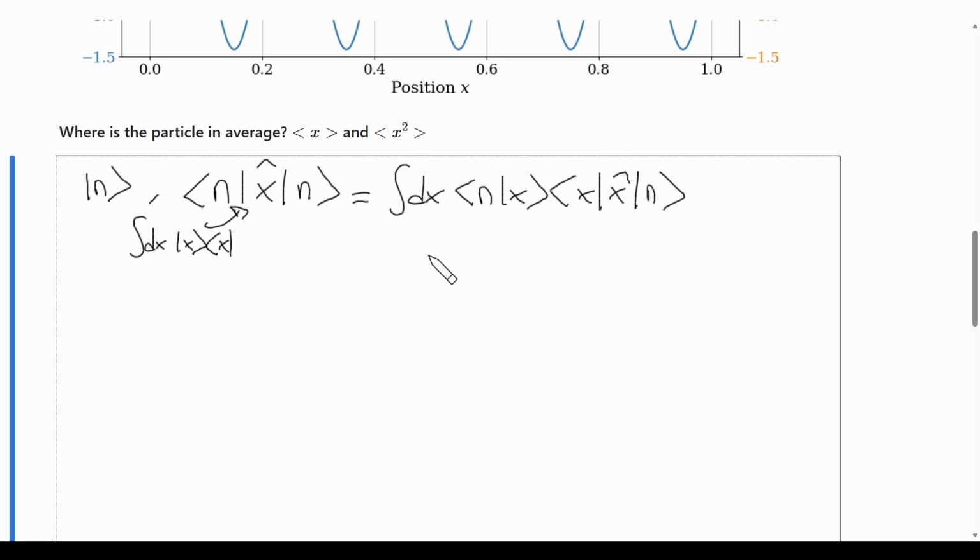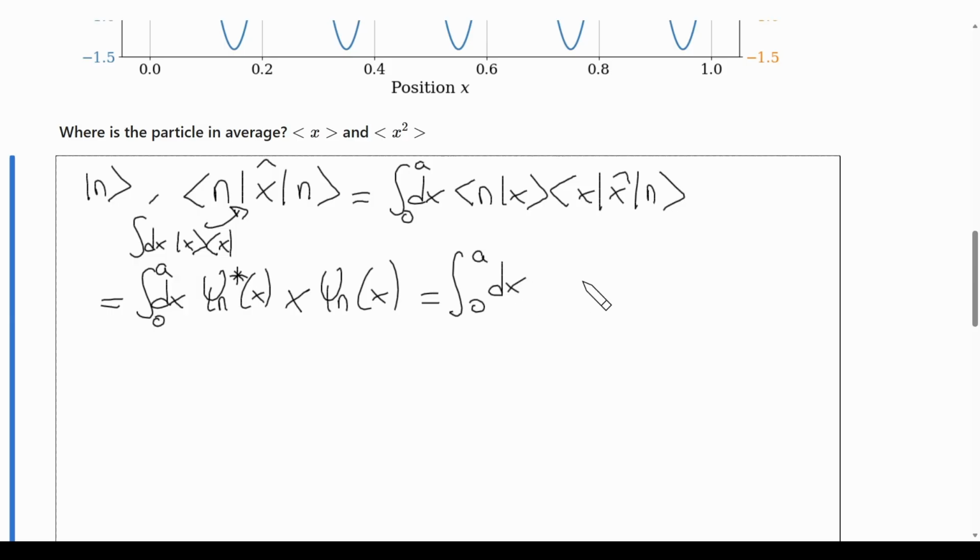We have dx, the integral from 0 to a, of x ψ_n*(x), and then we have the bra x applied to the operator x, so it's just x, and then we have ⟨x|n⟩, which will give us ψ_n(x). This is the integral from 0 to a dx of x |ψ_n(x)|².